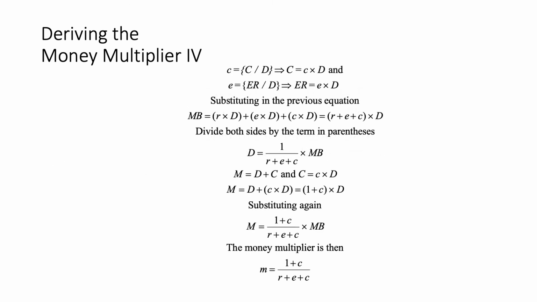Final step in calculating the multiplier is to just make some simple substitutions, right? And so let's go ahead and do that now. We have our currency ratio, and it is the amount of deposits held as currency. Another way of looking at this is that C, the amount of currency held, is equal to some proportion, little c, of deposits.